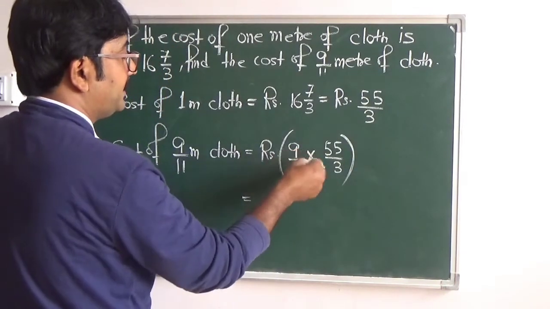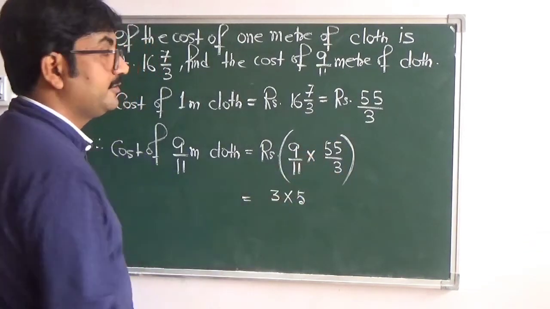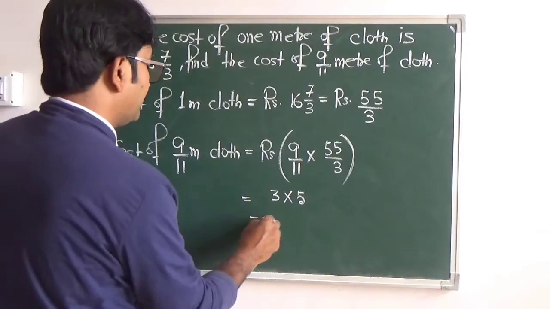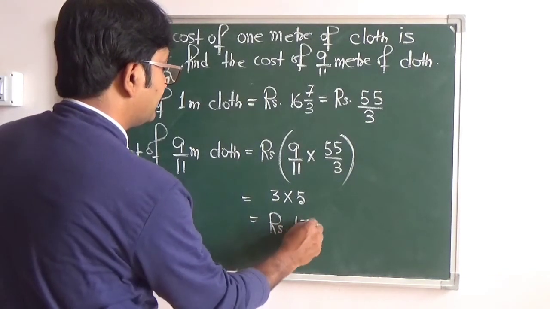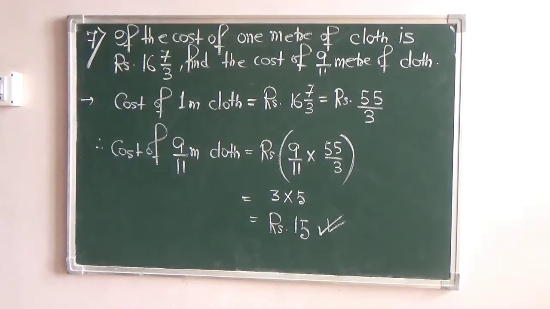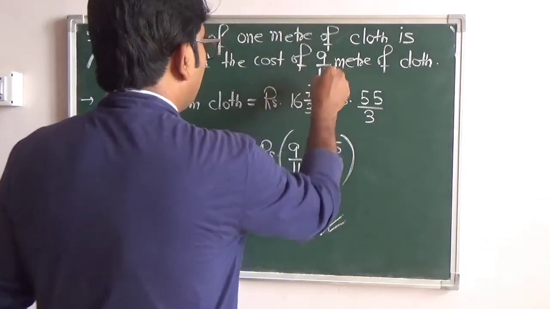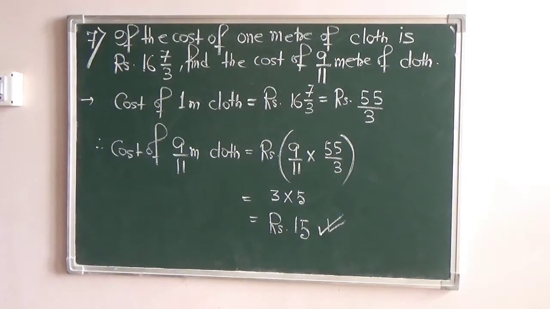So this will be reduced 3 into 5. 55 is reduced by 11, we get 5. So the final answer is rupees 50. So the cost of 1 meter cloth is 16 whole 7/3. Then the cost of 9/11 meter cloth is rupees 50.